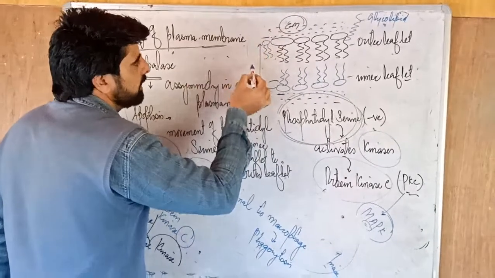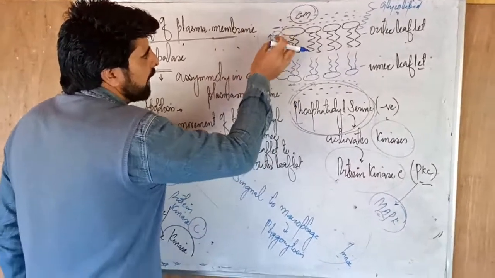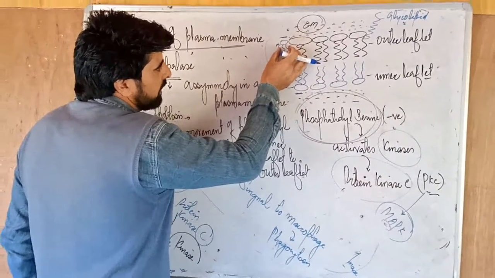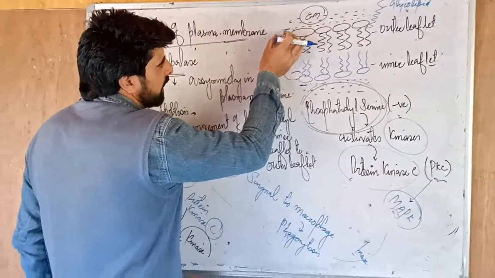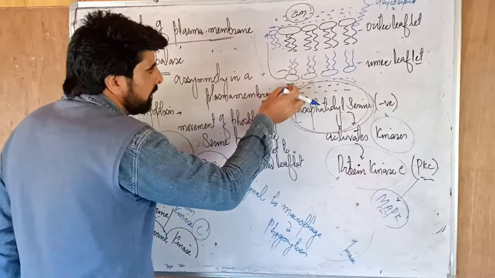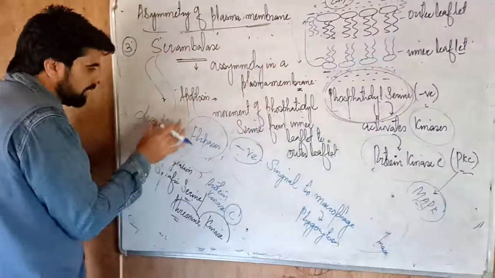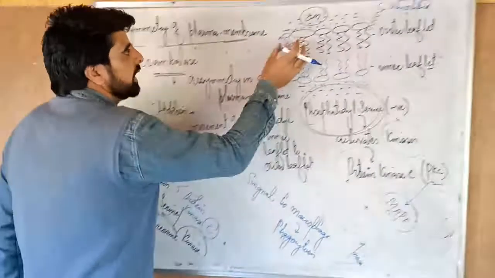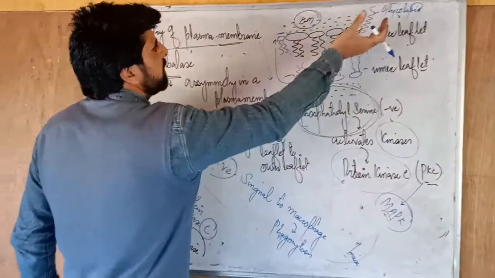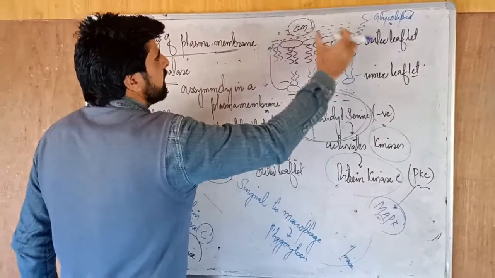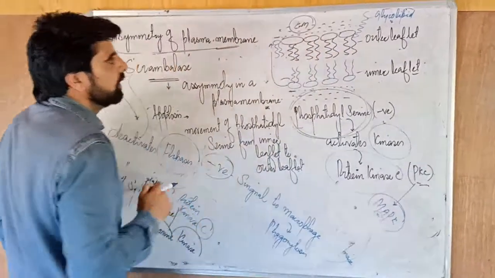But this movement is now stopped, because otherwise flippase would take phosphatidylserine back into the inner leaflet to prevent the negative charge. But the scramblase deactivates flippases and the negative charge remains here. The macrophages detect it and envelop it by the process of phagocytosis.